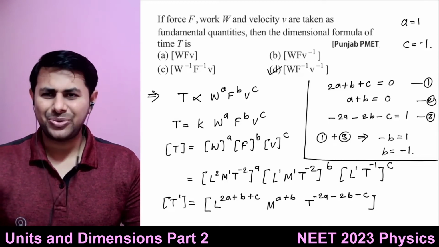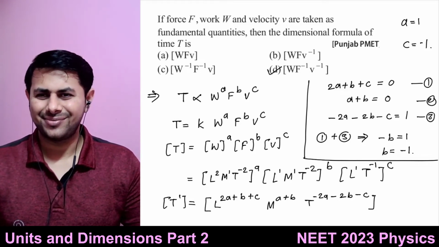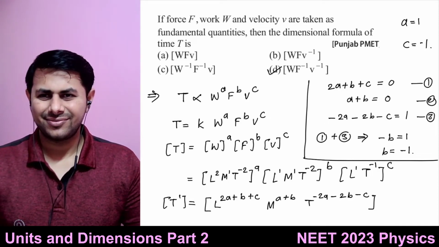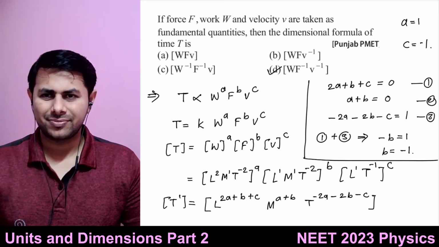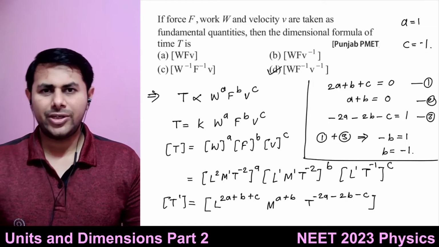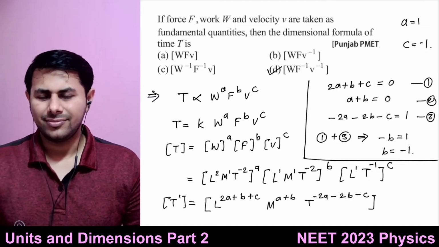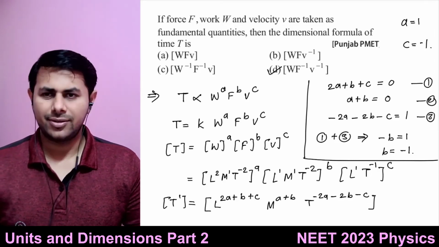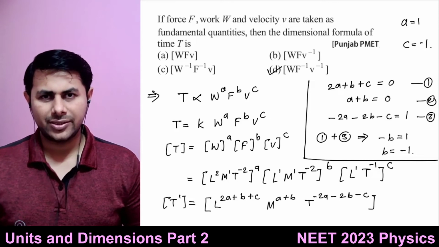So will you do this? How much time will it take? It will take too much time, sir, two minutes. Okay. So what is the faster way? From the options itself, we can find the answer.